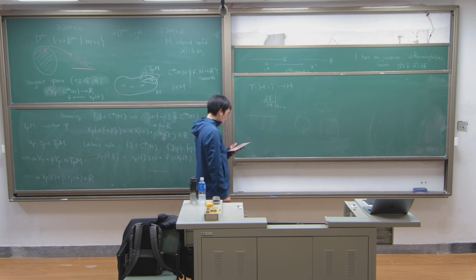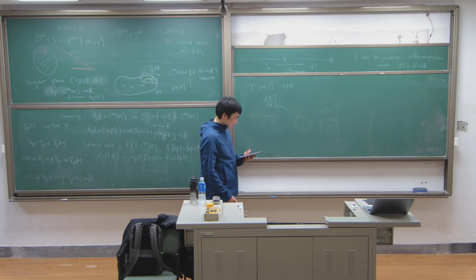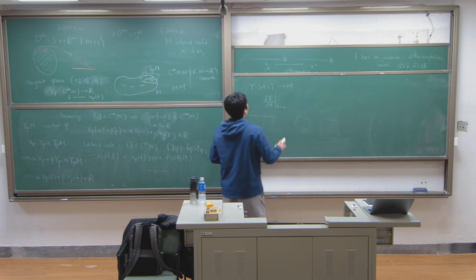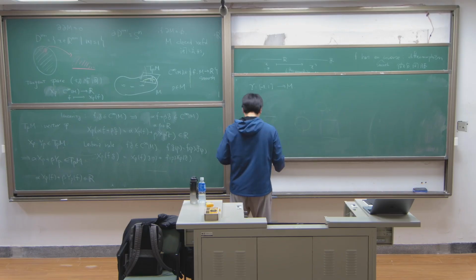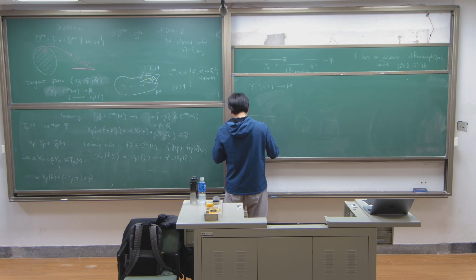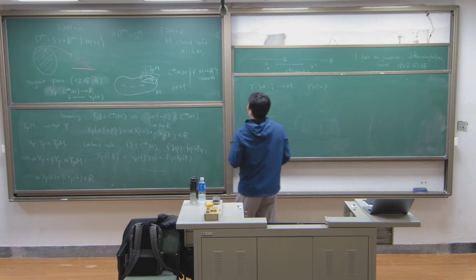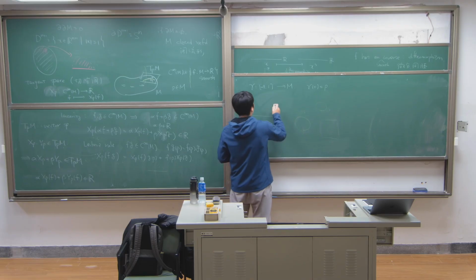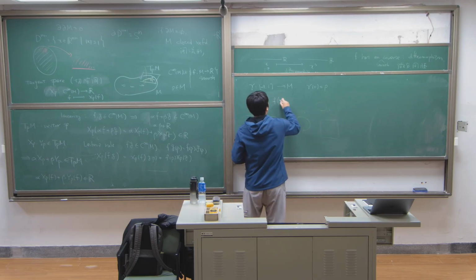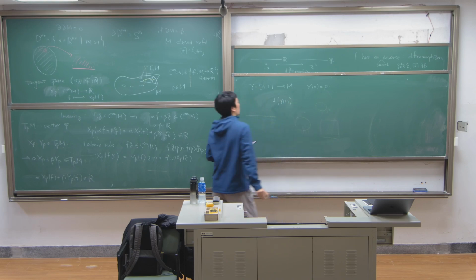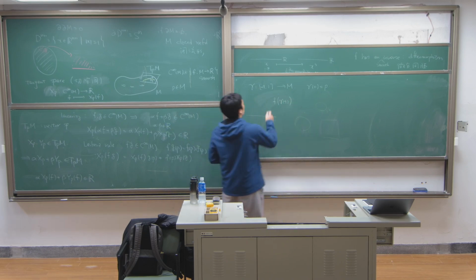Okay, maybe I should write it down like this. We have gamma 0. Then we can do the following. If you have f of gamma of t, you can take a derivative.